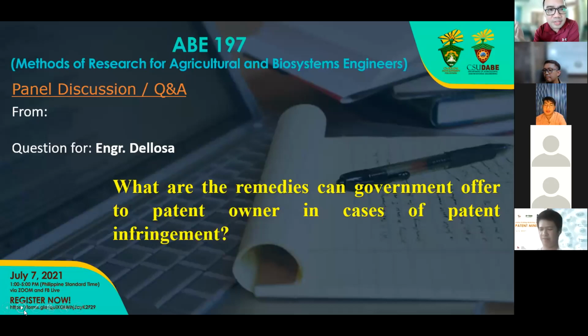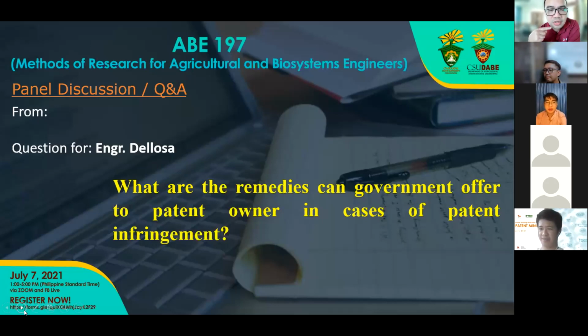Basically at the start, they will go for settlement before the case reaches court. Settlements first, if both parties can agree on the amount of damages incurred by the owner of the patent. They will try to establish the figures, if money is the main issue.